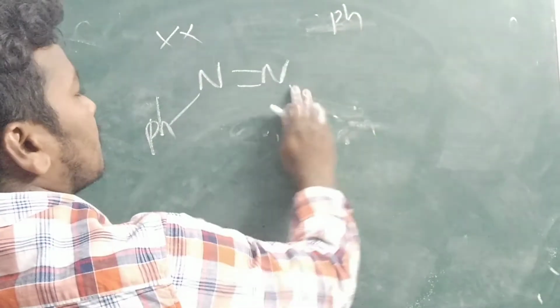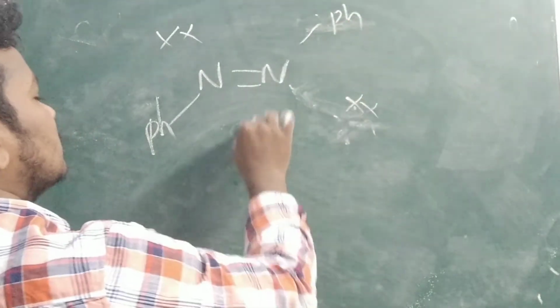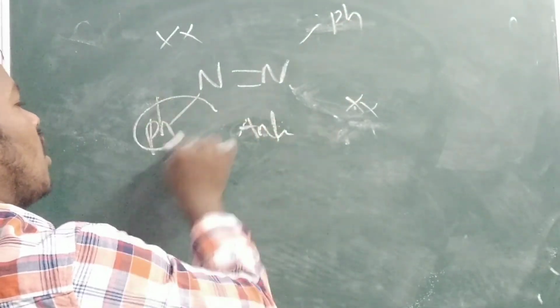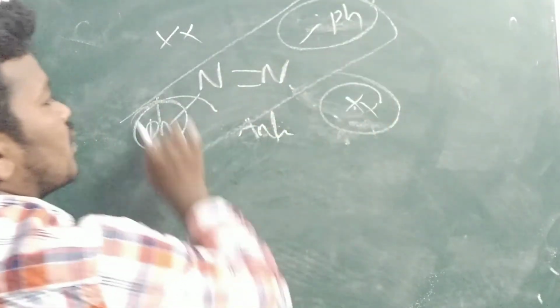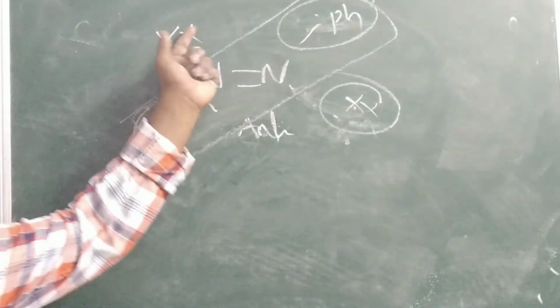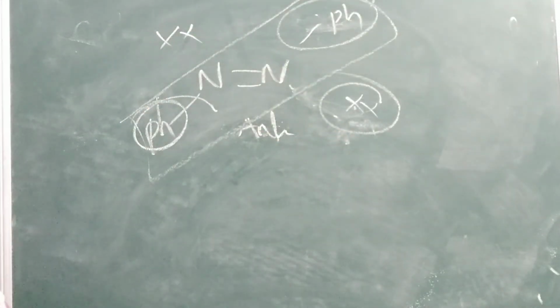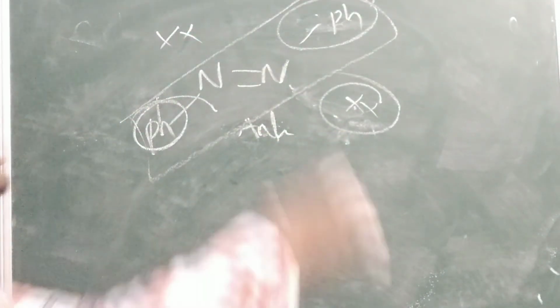Now it is anti because of the opposite side, diagonally opposite. Here a lone pair is there, and on the opposite side a lone pair is presented.